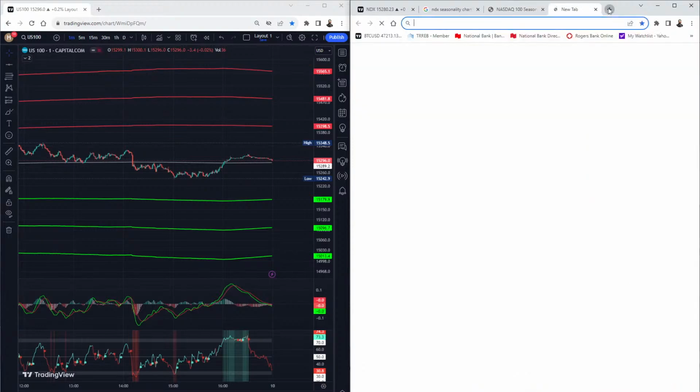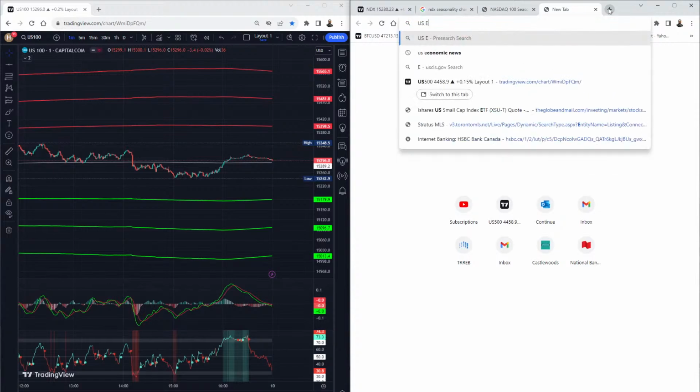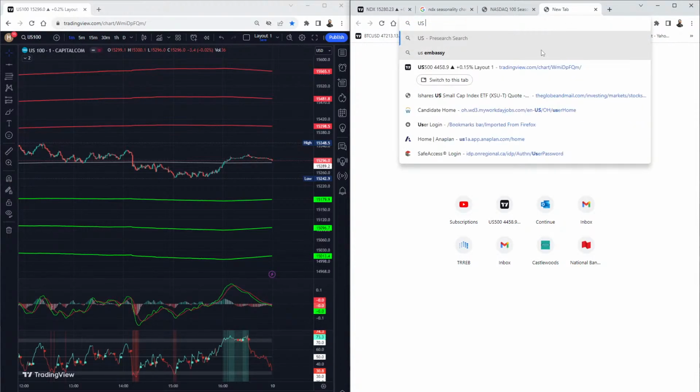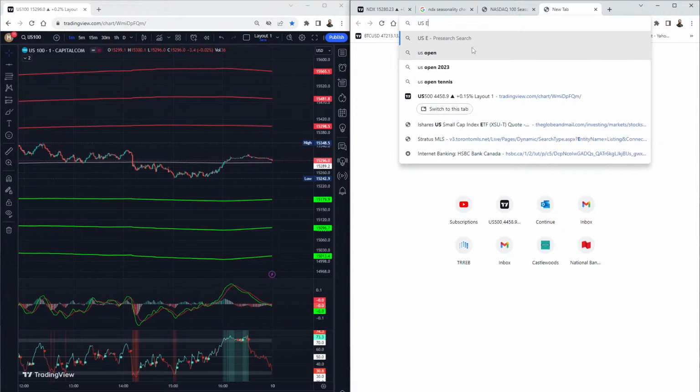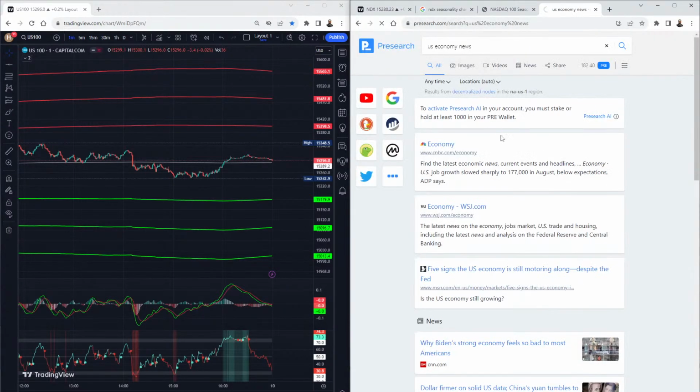If we go to MarketWatch, US economic news, you can just go to Google and search for economic news like that. It's taking a while to load.